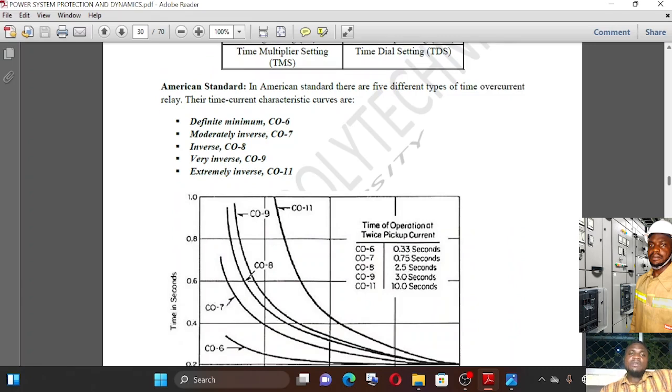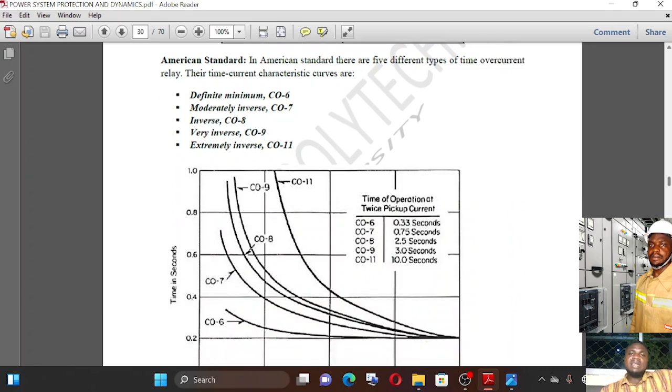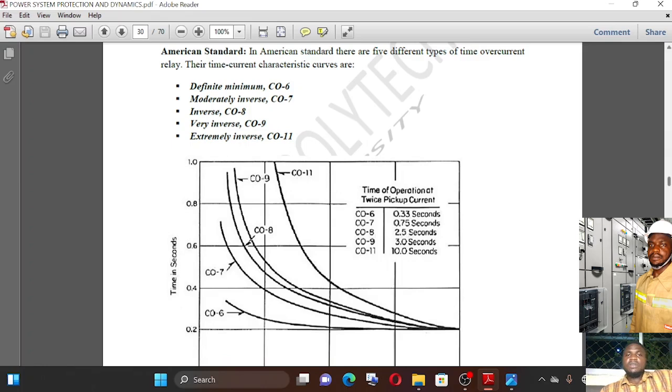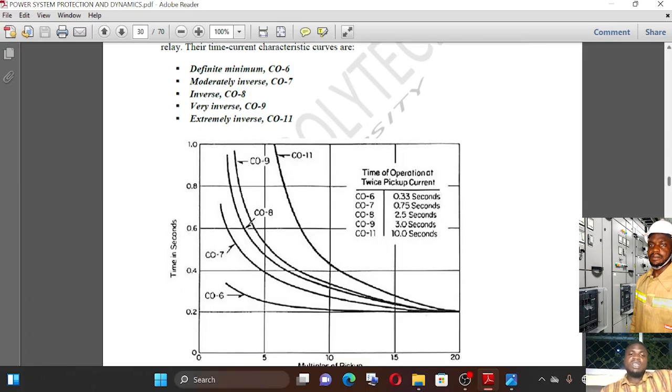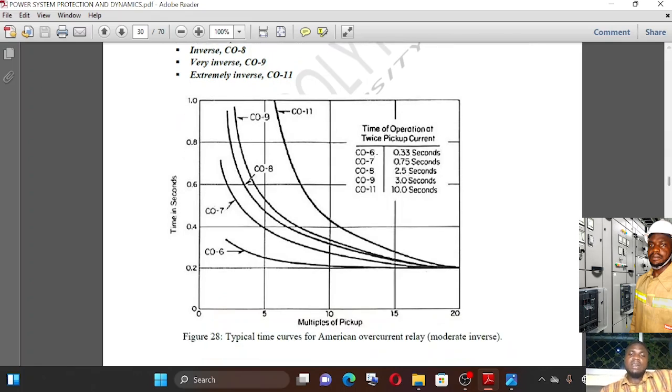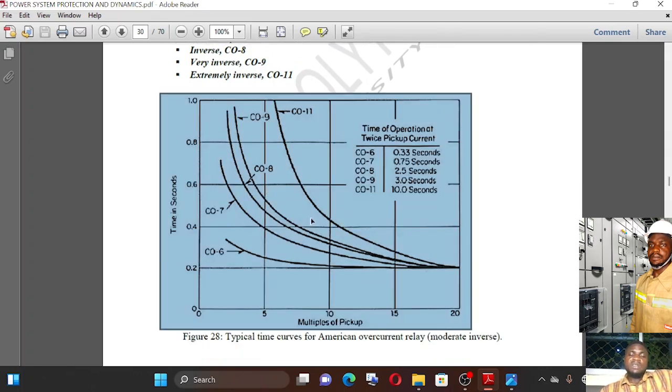Then we have the American standard curves for the various types of overcurrent relay. We have the overcurrent relay 6, overcurrent relay 7, 8, 9, 11, which are represented on the curve in this figure.